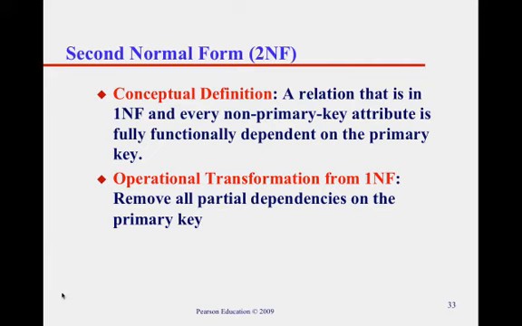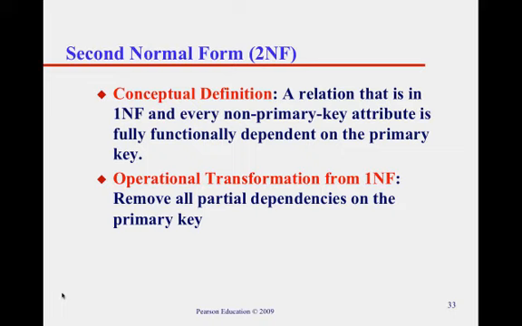Okay, so getting to second normal form, second normal form says there's no partial dependencies. You only have full functional dependencies among the attributes in second normal form.